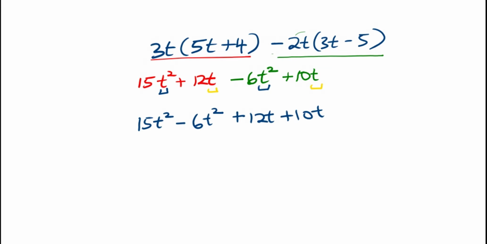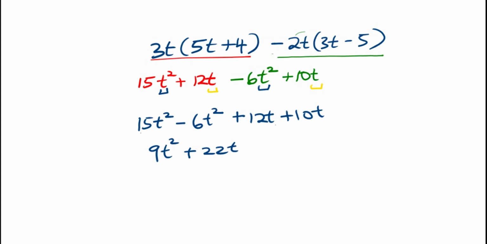Okay, so now simple arithmetic, 15 minus 6 gives us 9, and then the t squared comes, plus 12 and 10 gives us 22, and then the t comes. Okay, whenever you are confused about adding algebraic terms, think of them in terms of oranges.